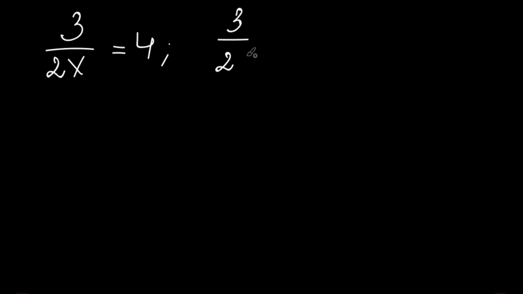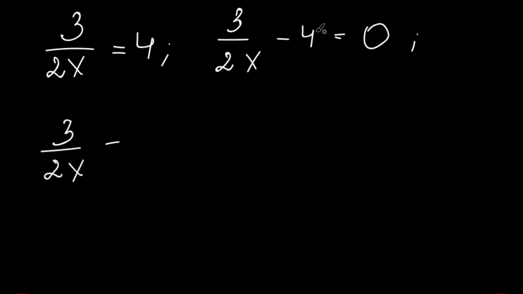Let's say we have 3 divided by 2x and it is equal to 4. Now we need to do the very same thing. We move the 4 to the other side and we get that 3 over 2x minus 4 is equal to 0. Now we also need to make this one fraction, so let's multiply 4 by 1.